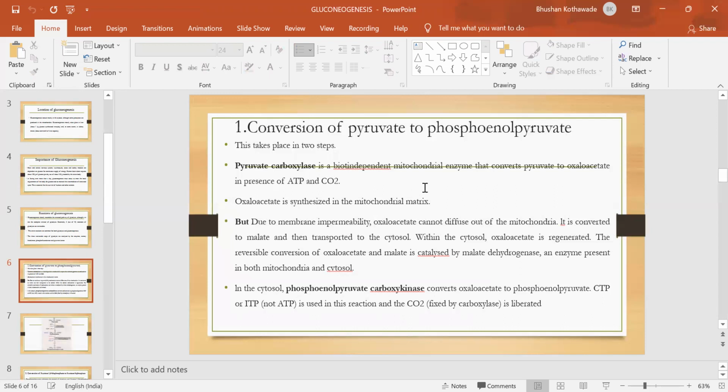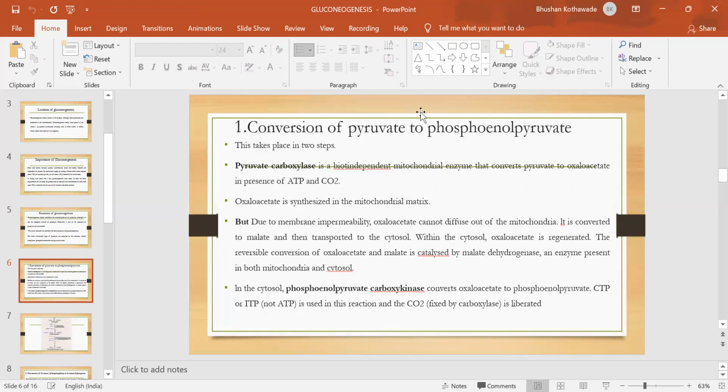In glycolysis, for this step we used the enzyme pyruvate kinase. But as this step is irreversible in glycolysis, in gluconeogenesis we use 2 different enzymes instead: the first is pyruvate carboxylase, and the second is phosphoenolpyruvate carboxykinase.